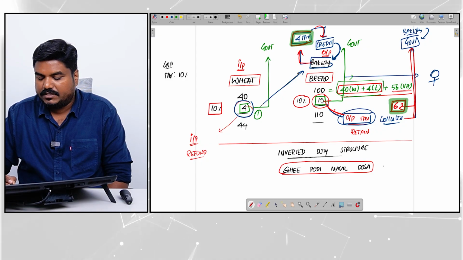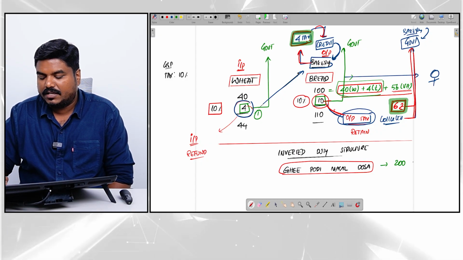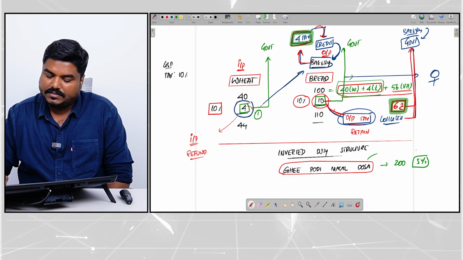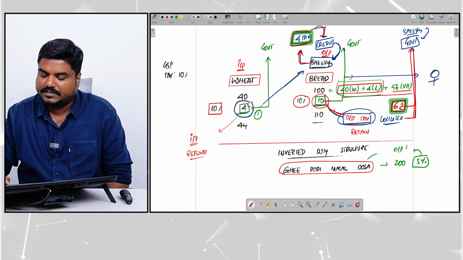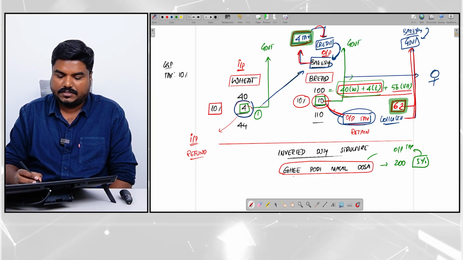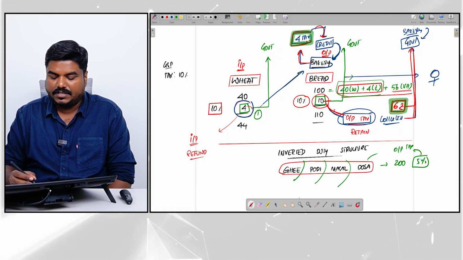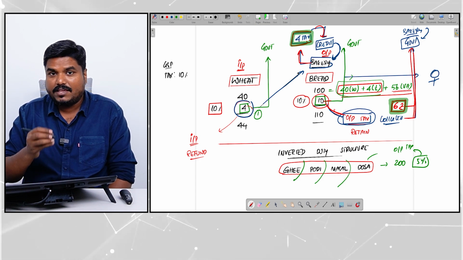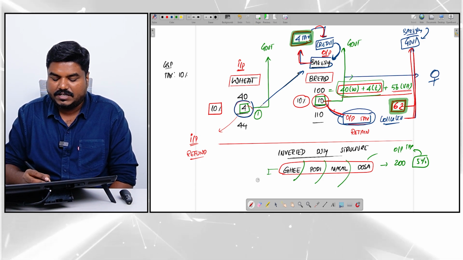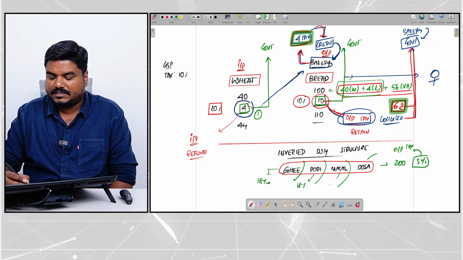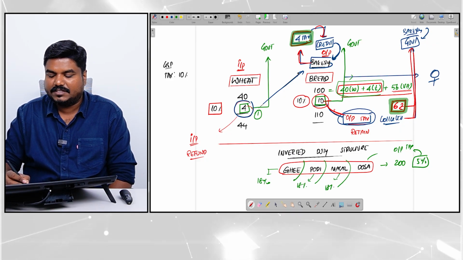Now you go and have this, it is 200 rupees in Saravana Bhavan and tax of 5% is imposed. So this is the output tax. What are the inputs? Ghee is an input. Podi is an input. Masala is an input. Now when you buy ghee, do you know what the tax is? Let us assume it is 18%. Podi, assume 18%. Masala, assume it is 18%.